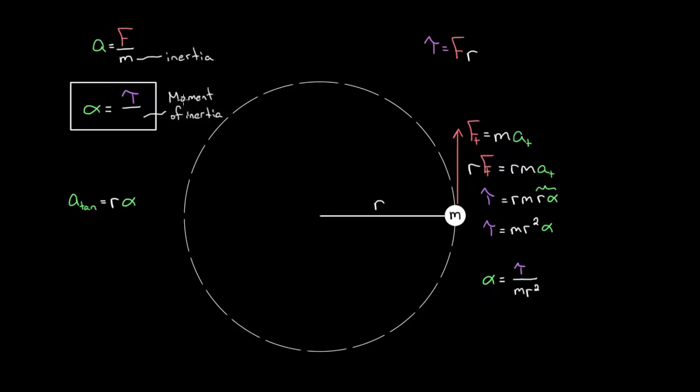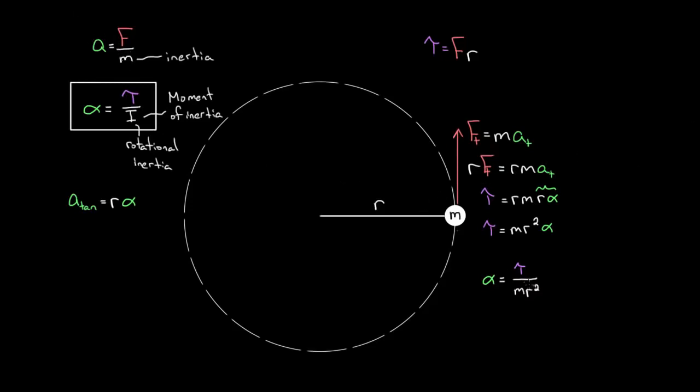I don't even know what this means, moment of inertia. That just sounds strange. It's represented with the letter I, and it's in this denominator, just like mass is, serving the same role. It's serving as the rotational inertia of the system in question. So something with a big rotational inertia is going to be sluggish to angular acceleration, just like something with a big regular inertia is sluggish to regular acceleration.